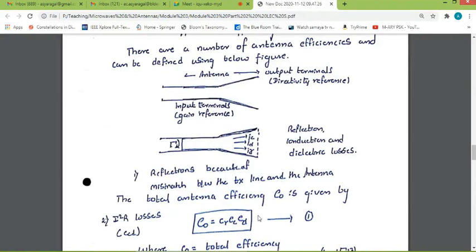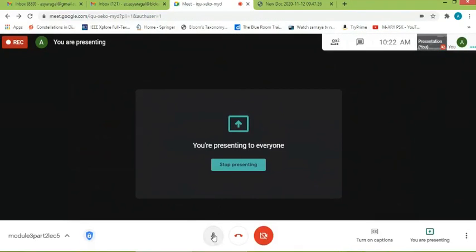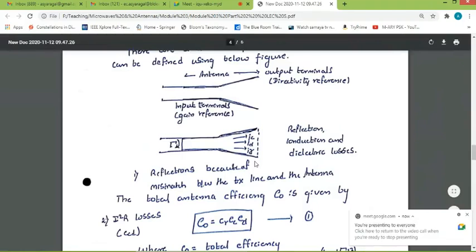EC is the conduction loss, ED is the dielectric loss, and ER is the reflection loss. So when do these losses occur? Let us understand.